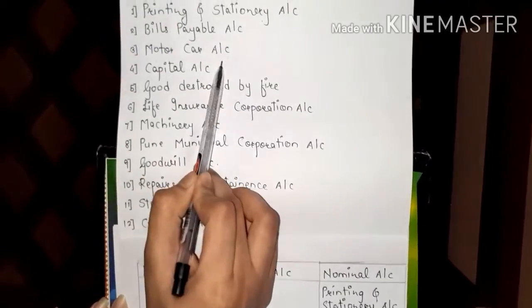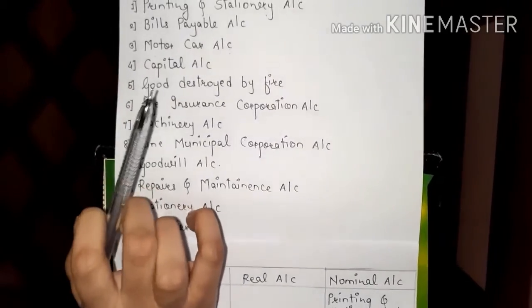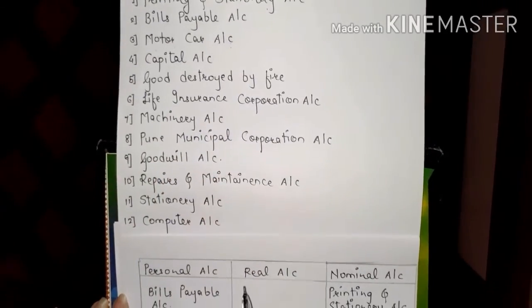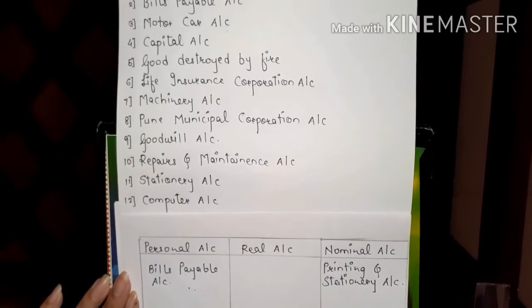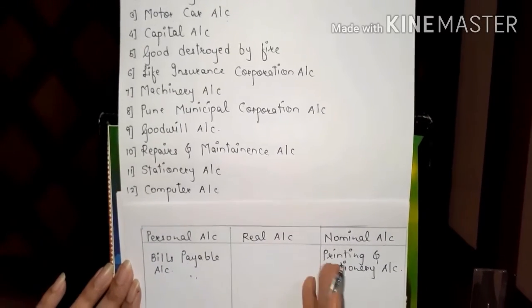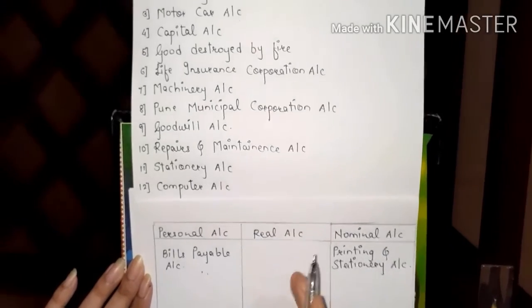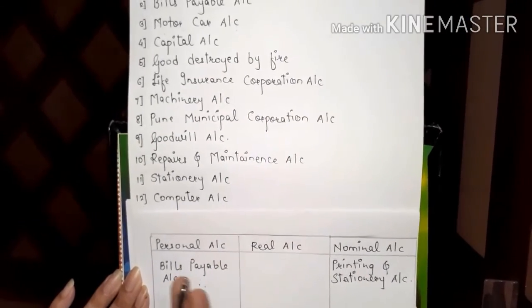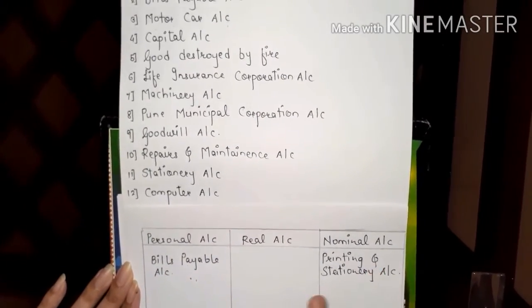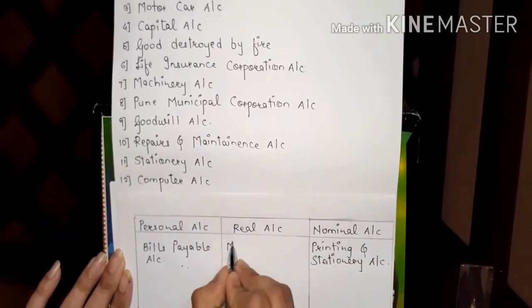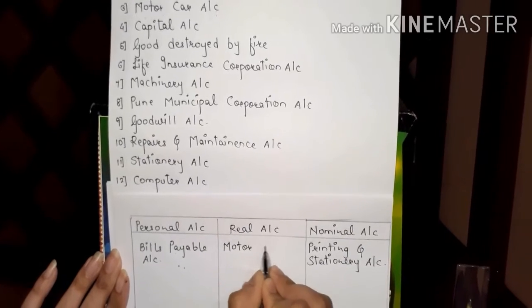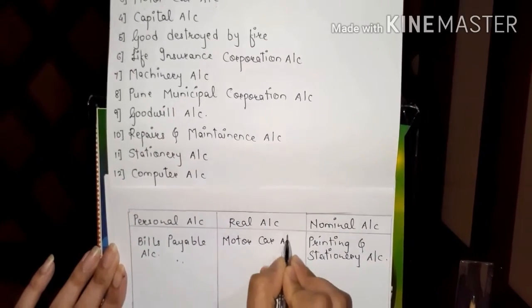As I have already told you, all the assets fall under real account. All the assets, may it be your personal or may it be your company's, will always fall in real account. It will never go in personal or in nominal account. So without any doubt we will write motor car account in real account.